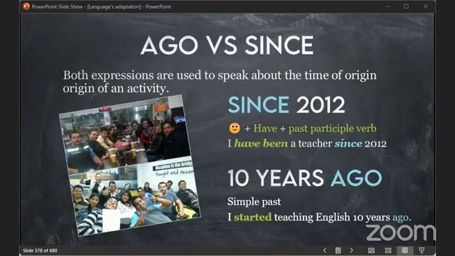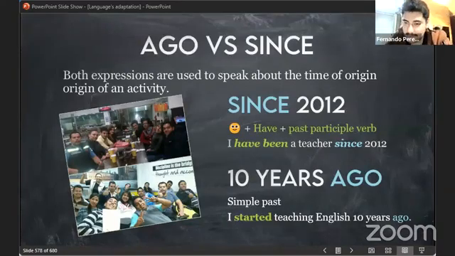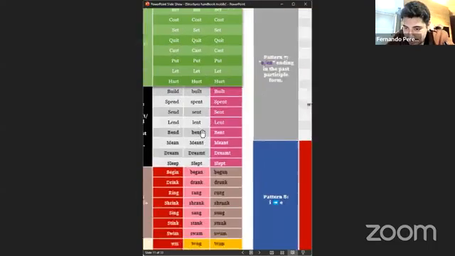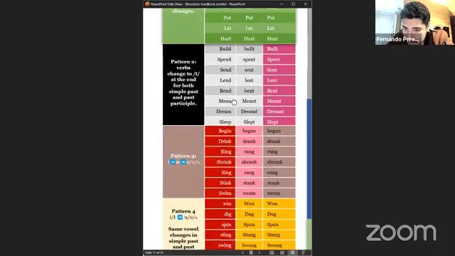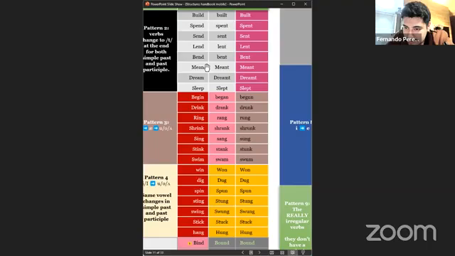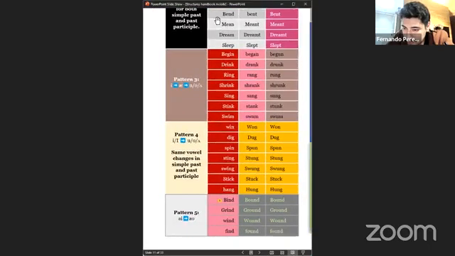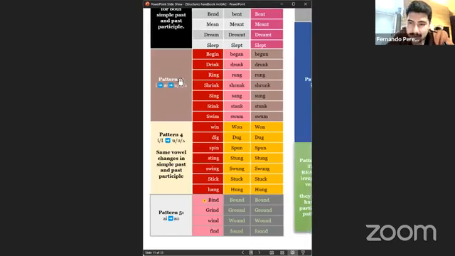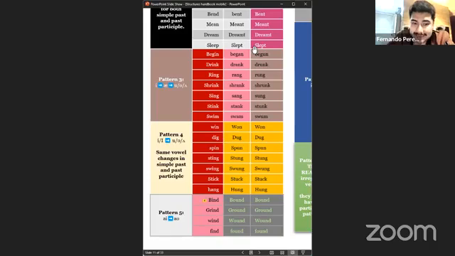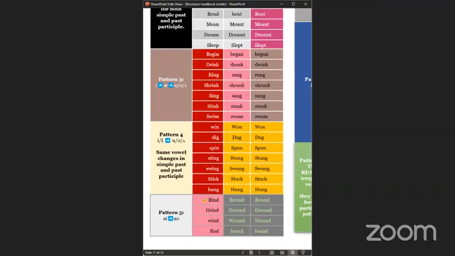Let's go through the handbook. If we check irregular verb patterns, pattern number 3. Begin, began, begun, drink, drank, drunk. If you say ago, what is necessary? Drank or drunk? Drank. Correct. Complete idea.